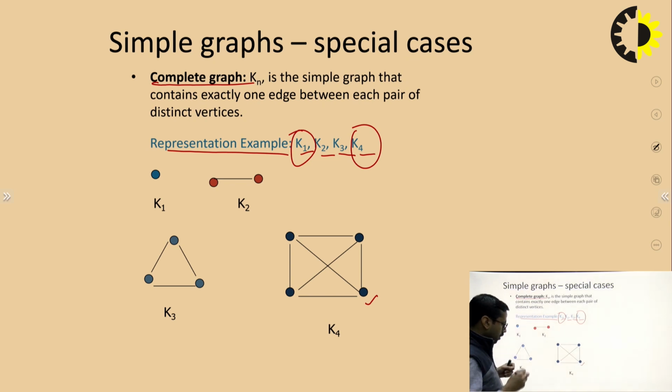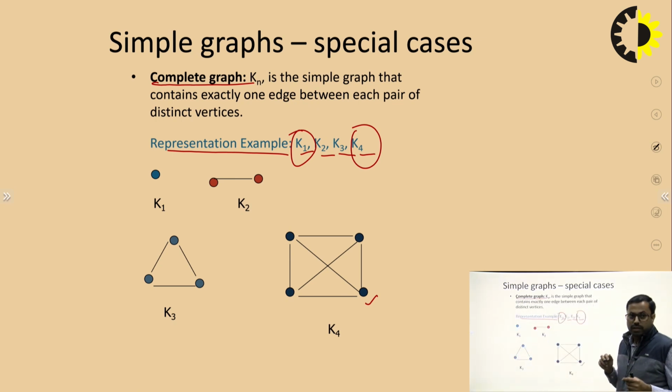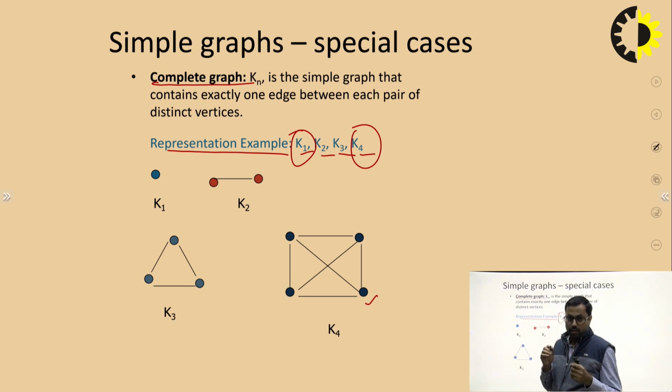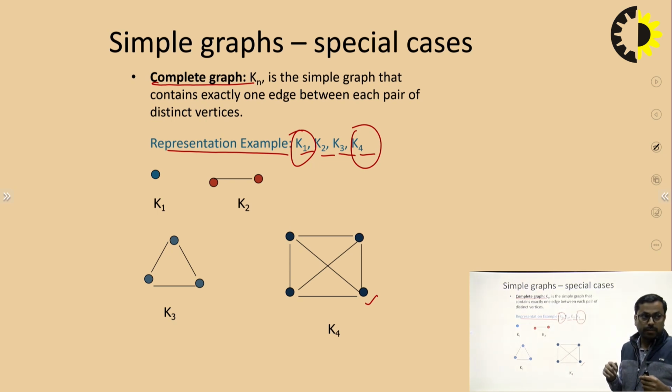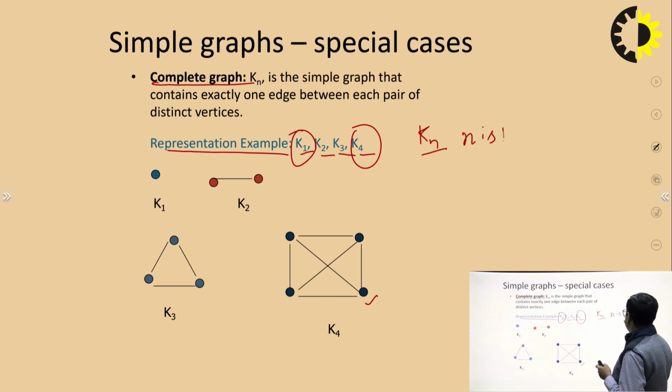That means each node is associated with other nodes; there is no node that is not connected with another node, and direct connection is available. That is the complete graph, represented as Kn, where n is the number of nodes.